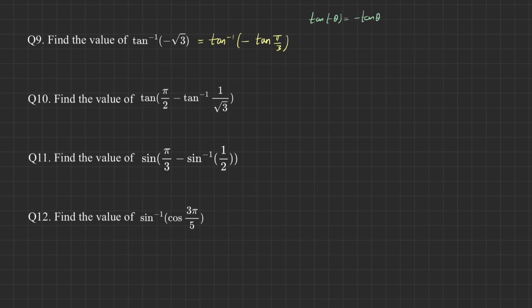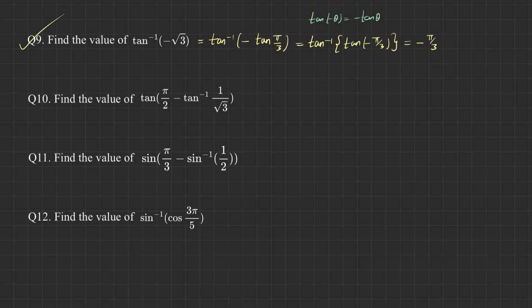So instead of minus tan pi by 3, I can write tan inverse tan of minus pi by 3, and hence, since tan inverse of tan theta is theta, my answer is minus pi by 3, and it belongs to its principal range.